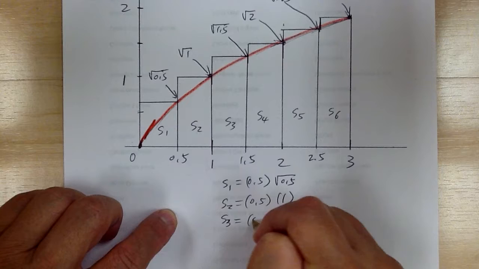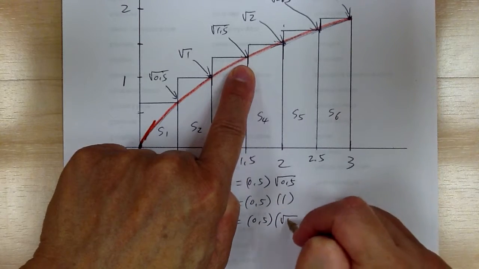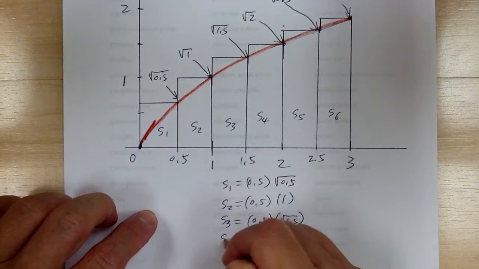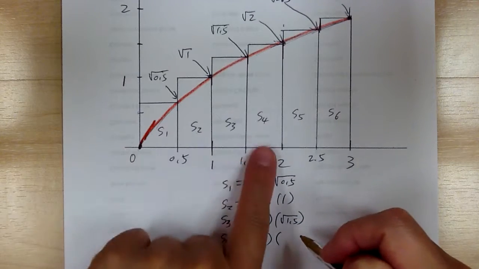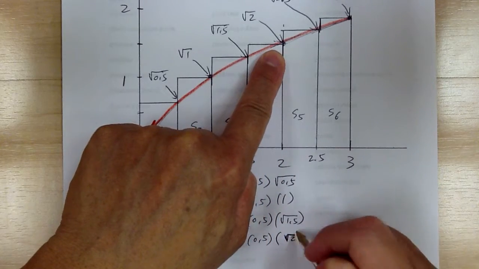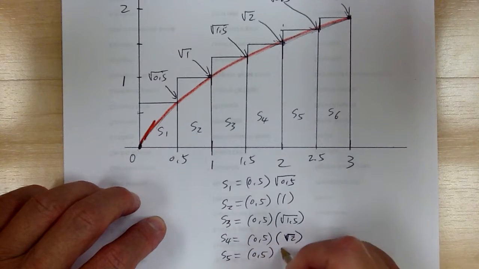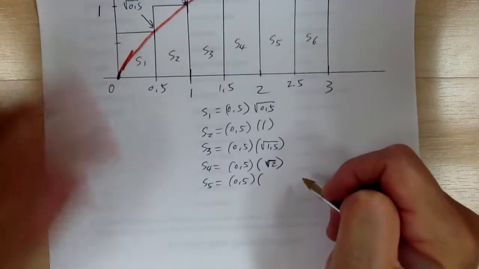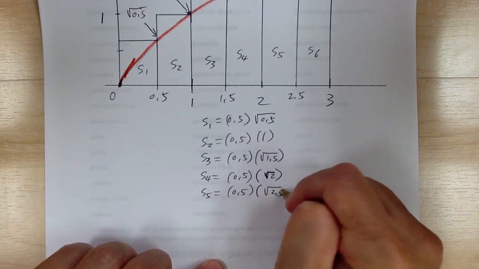S3, the base is 0.5 and the height is square root of 1.5. S4, the base is 0.5 and the height is square root of 2. S5, the base is 0.5 and the height is square root of 2.5.